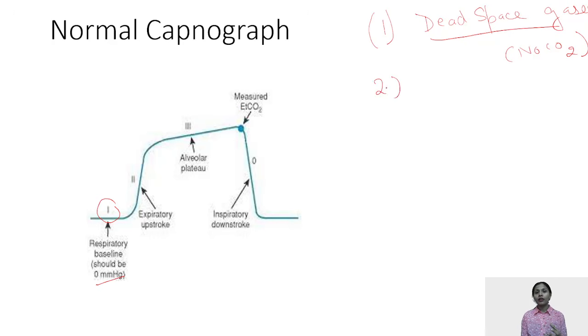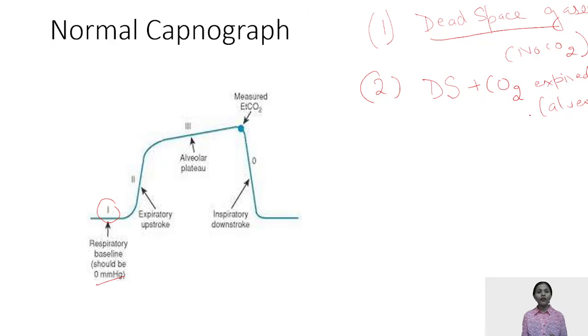Now second, after the dead space, we have a mixture of the dead space gases plus the zone where exchange or ventilation is taking place, that is, where our alveoli are present. So we have dead space gas plus CO2 now being expired at the level of the alveoli.